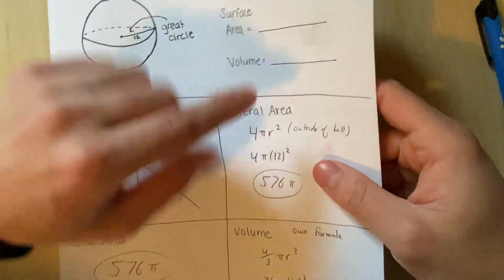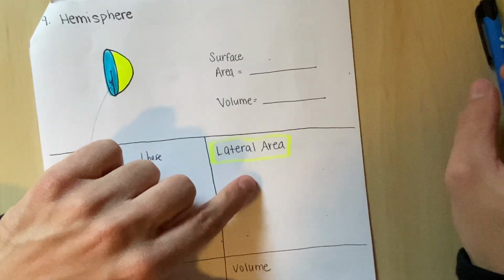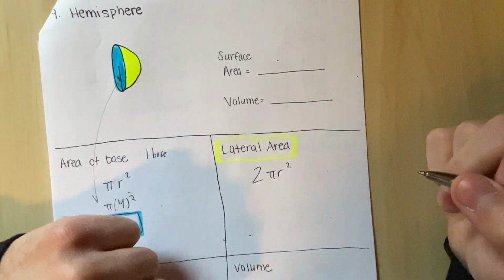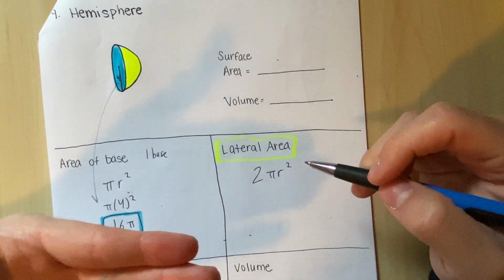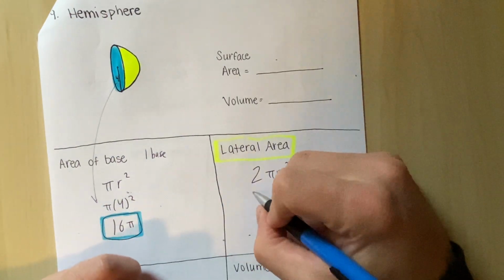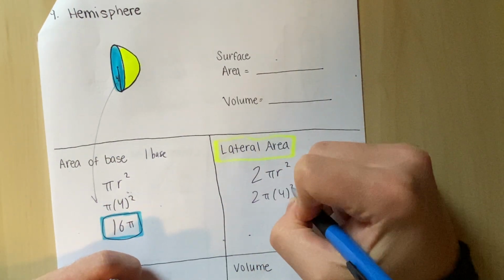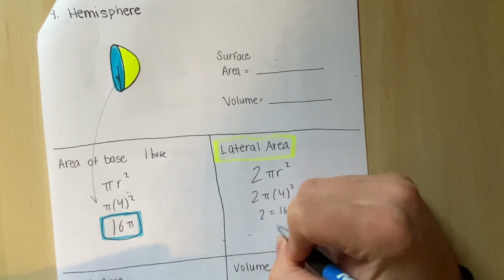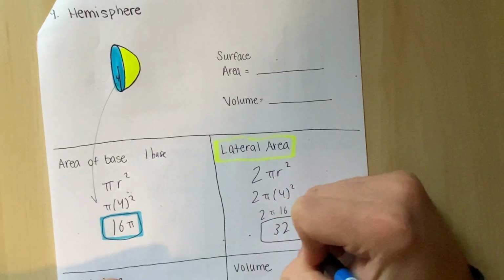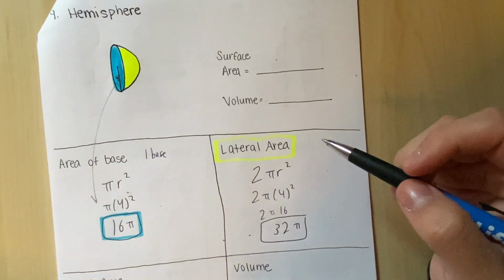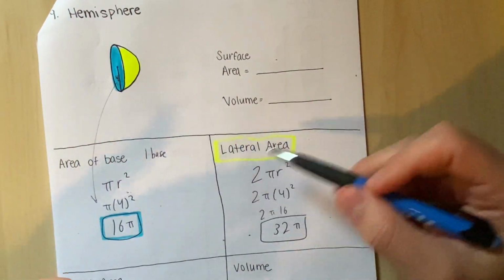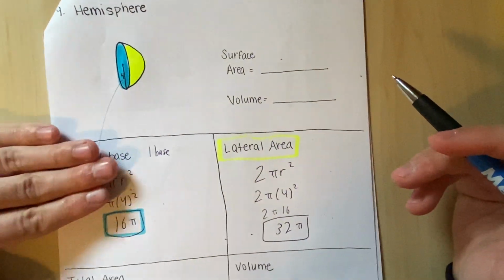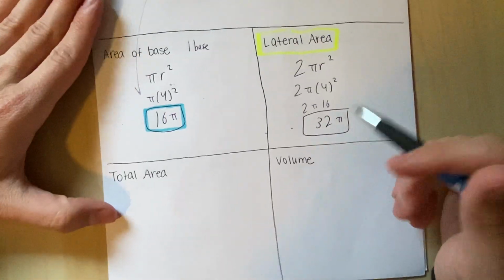And if that whole thing was 4 pi r squared, the lateral area for a hemisphere is 2 pi r squared, because it's half the lateral area of a sphere. So it's 2 pi r squared. That's 2 pi times 16, which is 32 pi. And that's the outside part. So very similar from a hemisphere to a sphere, except a hemisphere has this base. The other one doesn't.